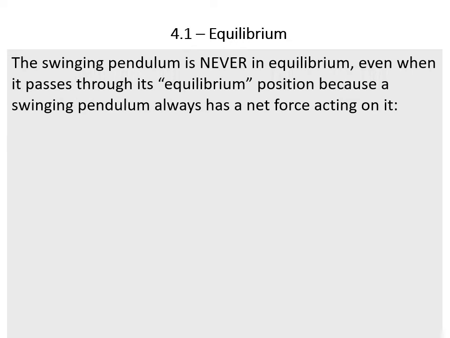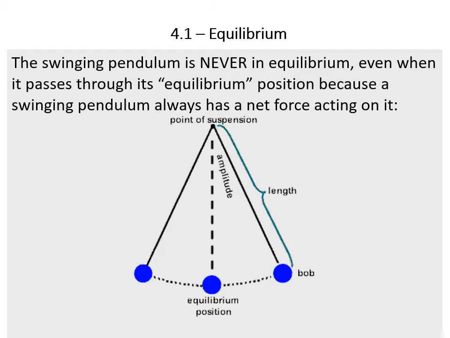The swinging pendulum is never in equilibrium, even when it passes through its quote-unquote equilibrium position, because a swinging pendulum always has a net force acting on it. It's that center-seeking force. So at any point on the trajectory, there is always a net force, F net, the center-seeking force, which is the centripetal force.